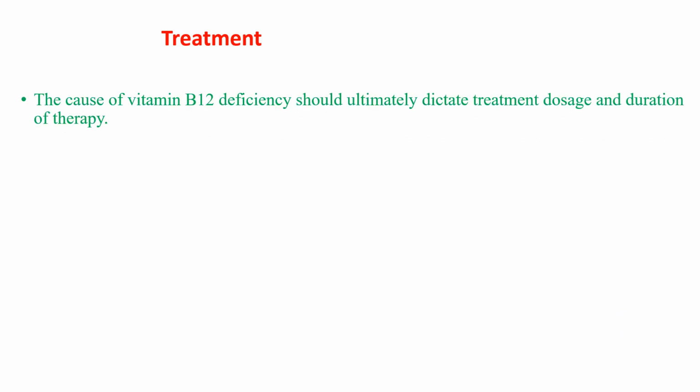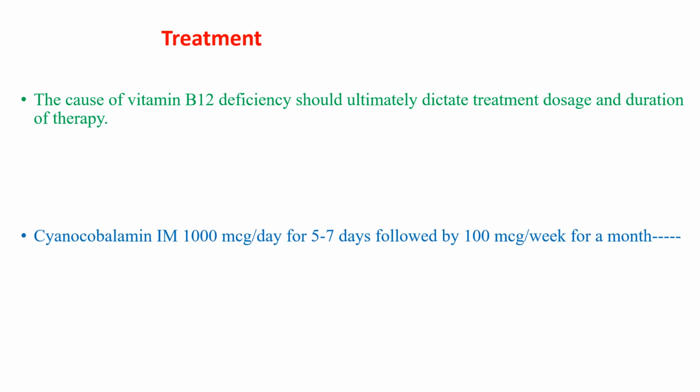The cause of B12 deficiency should ultimately dictate treatment dosage and the duration of therapy. If the underlying cause is uncorrectable, such as intrinsic factor deficiency, the treatment is lifelong. Otherwise, the treatment is only for 1 to 2 months.